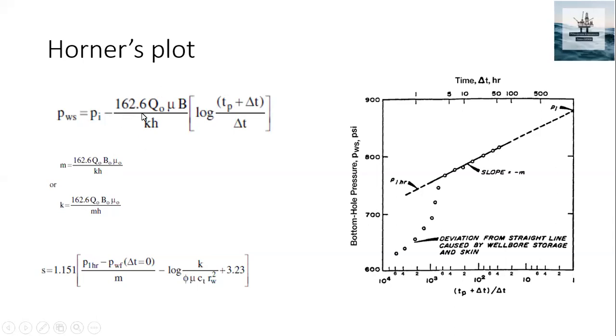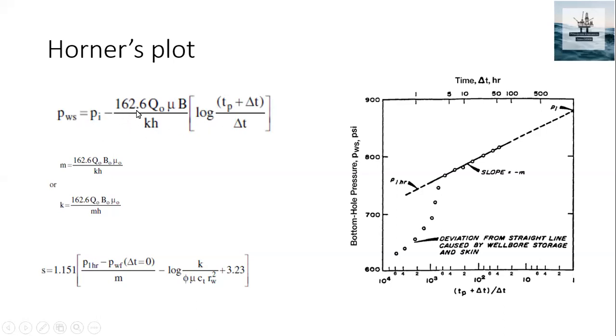So why are we taking slope as this equation? The reason is to estimate the value of permeability by using other parameters. If you have Q naught, mu, B, and H, and if you are able to find the value of M, then we can estimate the parameter permeability, K. And one more thing here: there is no minus symbol, but actually the slope will have a minus, since here y is equal to mx, that is plus mx.